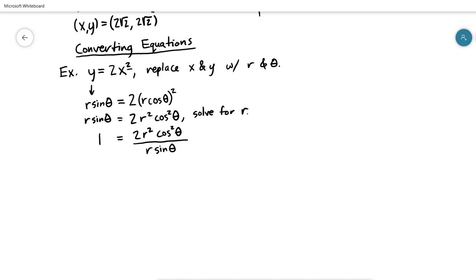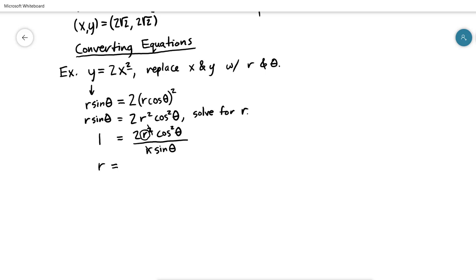So doing this division allows me to cancel this r with one of these r's, and now my goal is to just get this r that's over here all by itself. And so that means I'm going to now multiply by sine of theta, divide by cosine squared of theta, and divide by this 2 on both sides. And we'll wind up with the r by itself on one side.